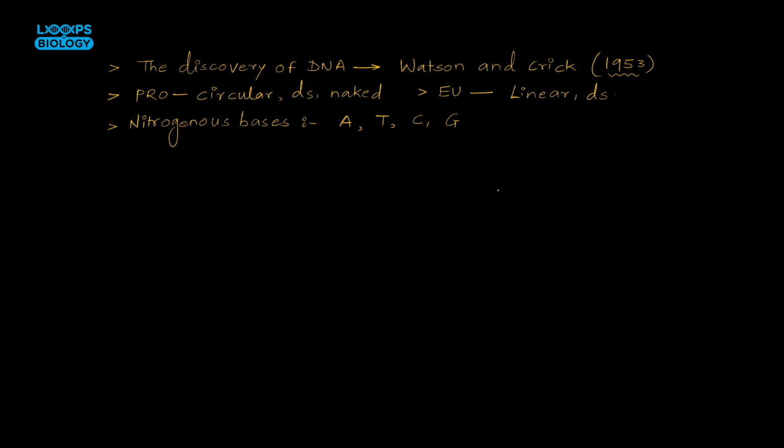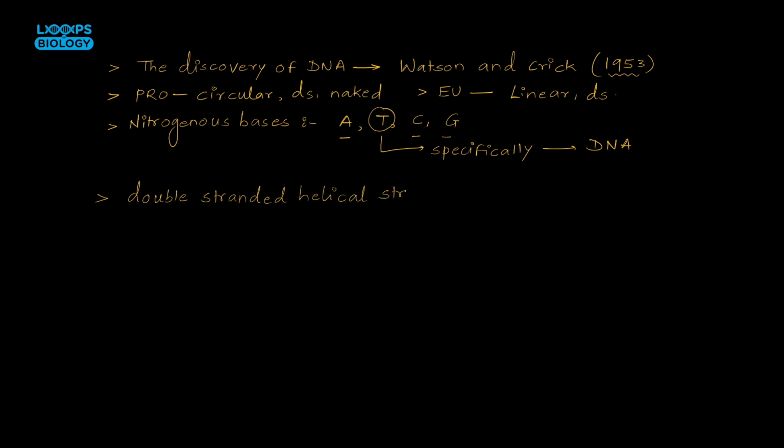They are not present in the case of RNA. So basically, adenine, cytosine and guanine are common, but thymine is specifically for DNA. Now, what is this particular structure? The structure is a double-stranded helical structure.